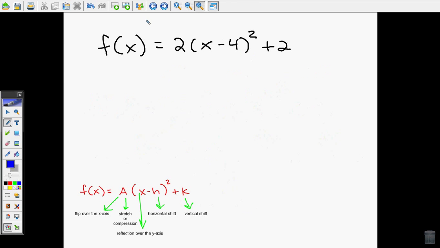So let's do a couple of examples here, okay? This first one, I noticed that I have a 2 right here. So because of this 2, this means that I have a stretch by a factor of 2.